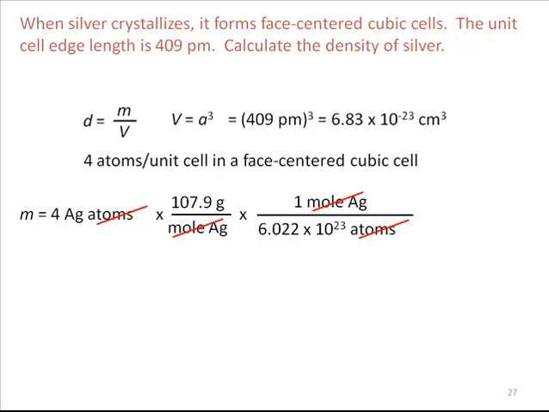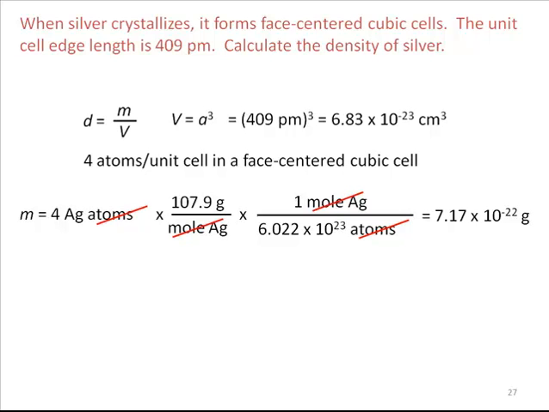The moles cancel, leaving you with the grams of 4 atoms. So it's going to be a really small number. You've got to divide by Avogadro's number here. Otherwise, you're saying 4 moles of silver. So that's why we would get 7.17 times 10 to the negative 22nd grams.